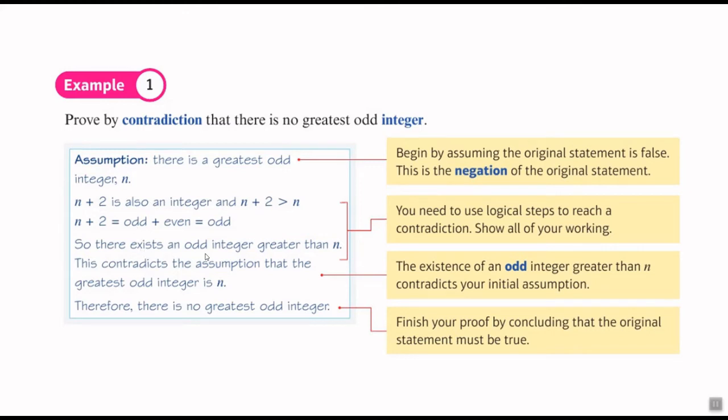So there exists an odd integer n plus 2 greater than n. This contradicts the assumption that the greatest odd integer is n. Therefore, there is no greatest odd integer. You need to finish your proof by concluding that the original statement must be true.